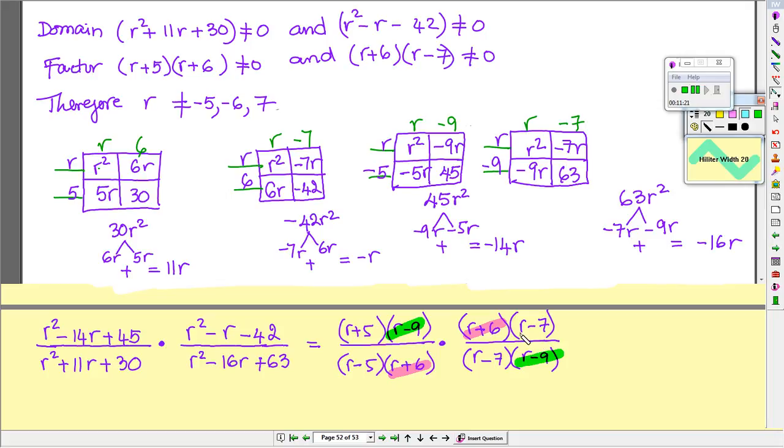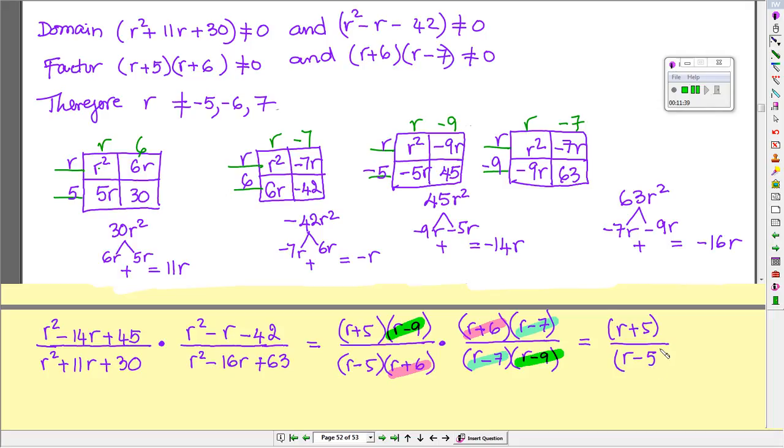And how about r minus 7? Yes. So what we have left, when you go ahead and multiply, will be just r plus 5 on top in the numerator, and r minus 5 in the denominator.